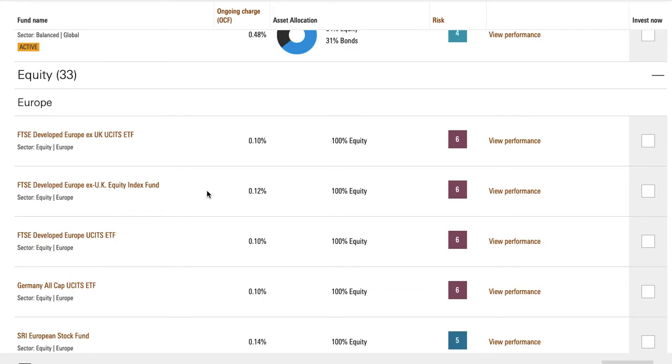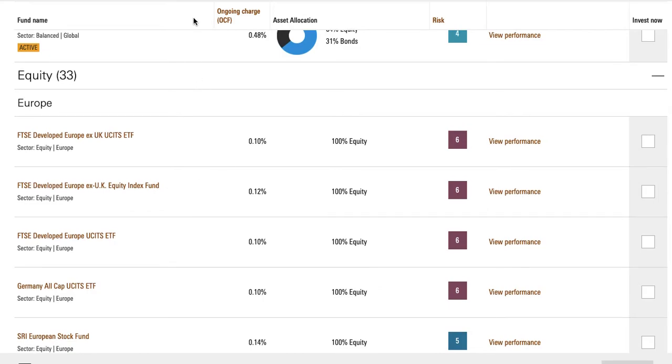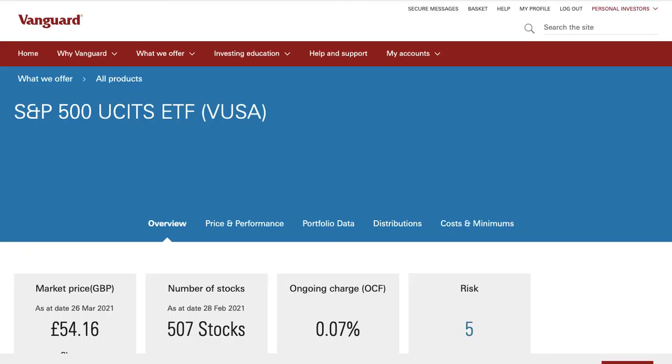So these are all the stocks that they have. And we're going to look at the ones that I have mentioned. So for example, the USA tracker is the S&P 500. I choose it. Here you're going to invest into the 500 biggest companies which are listed in the US stock exchanges.